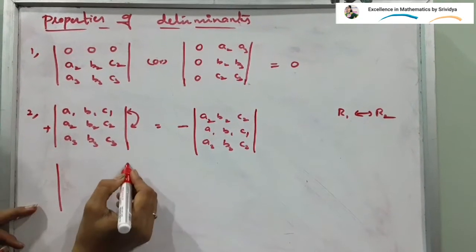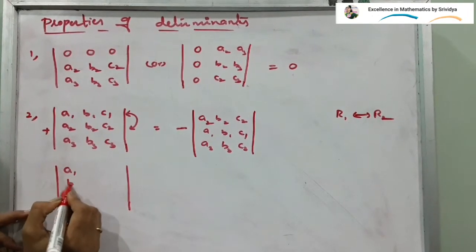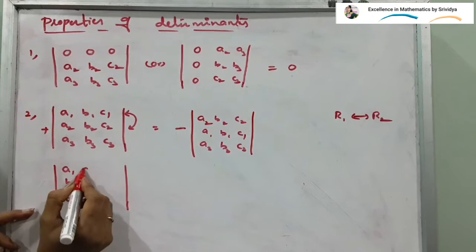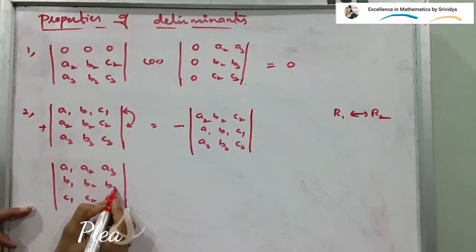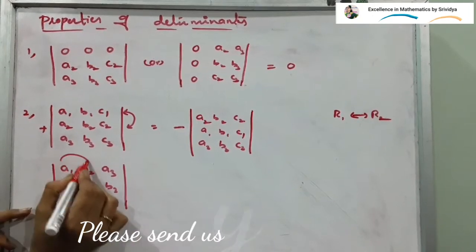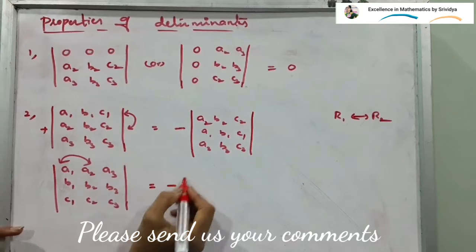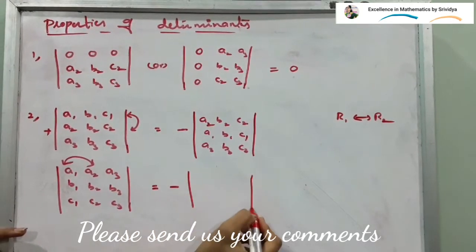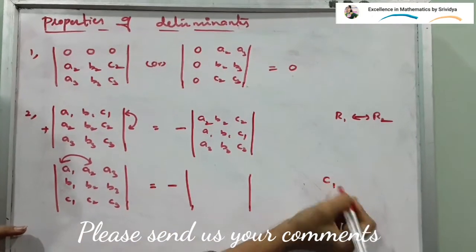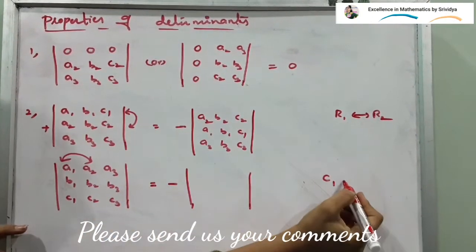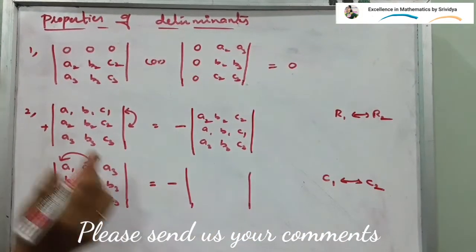Also, if two columns are interchanged, means A1, B1, C1, A2, B2, C2, A3, B3, C3, then the sign of the determinant changes. Here we have to interchange C1 and C2, the first two columns. This is the notation, C1 interchanging C2.